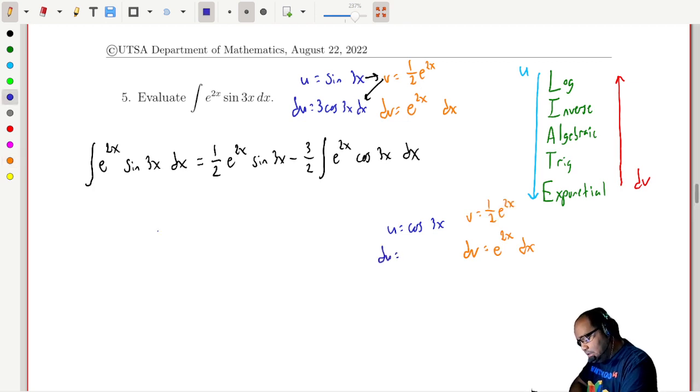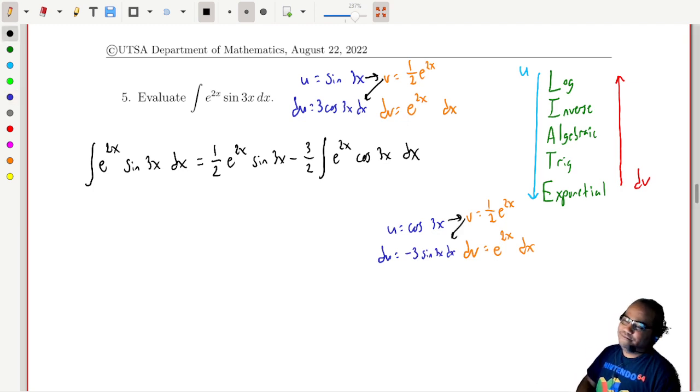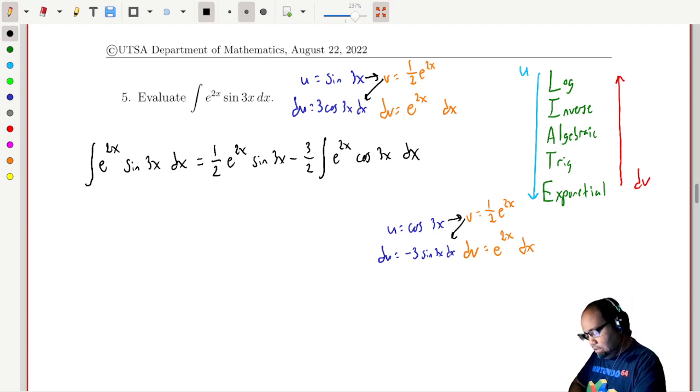And du is, let's see, careful, negative 3 sine of 3x dx. Follow your path. And watch the magic. A bit of sleight of hand here.